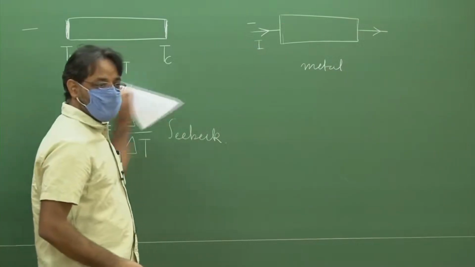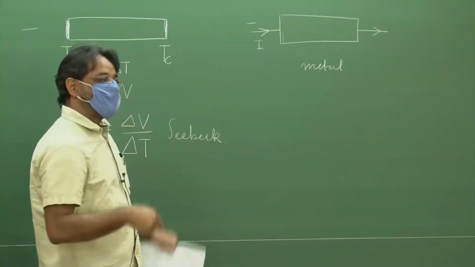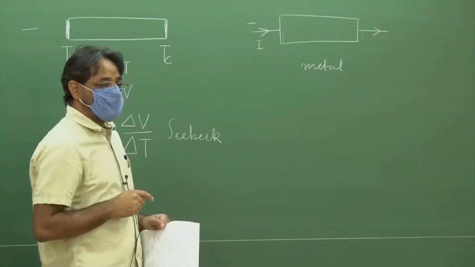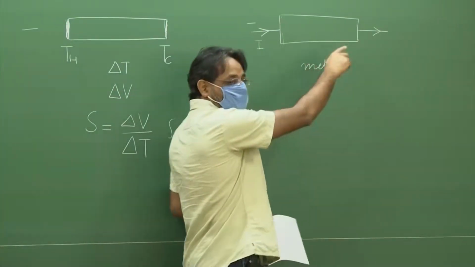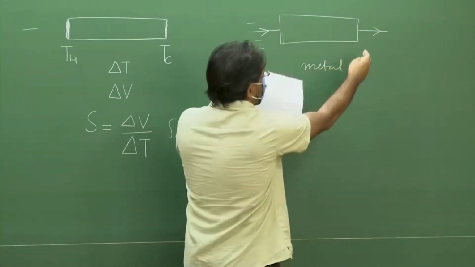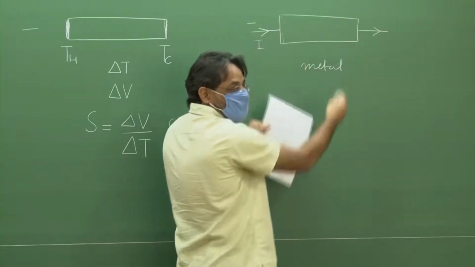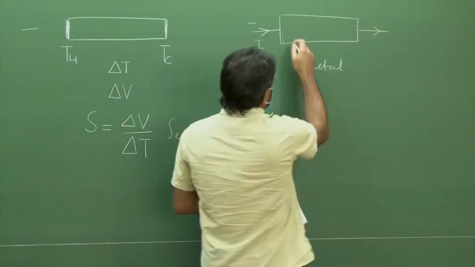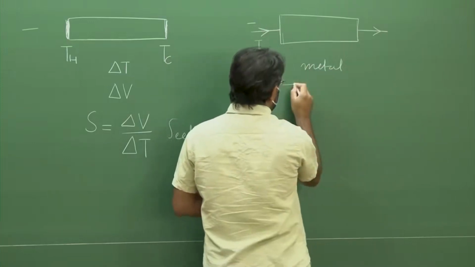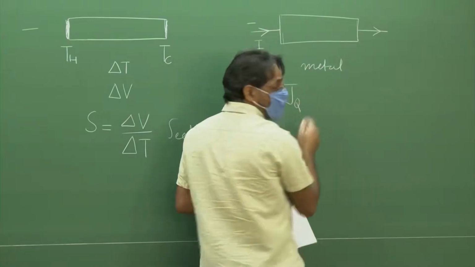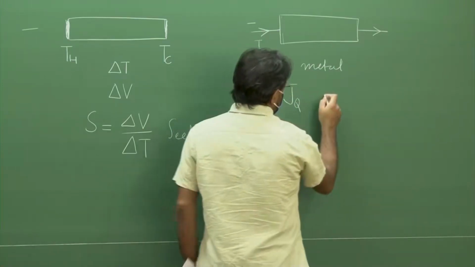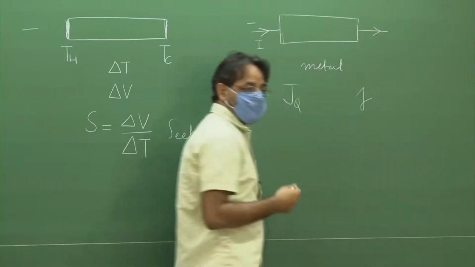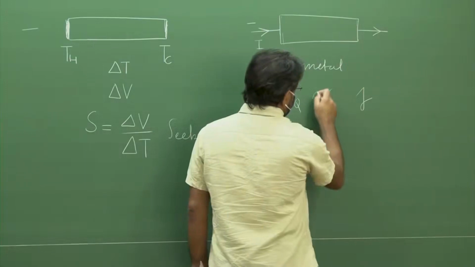So, this is just the opposite effect. Because of passing current, you generate a temperature gradient. Because you have applied a voltage gradient, without applying a voltage gradient, you cannot draw current through the material, right, through the metal. So, you apply a voltage gradient. In response to that, you get a temperature gradient in this case. Okay. And so, if you have JQ as your thermal current, okay, which I will define in a moment, and little j is your current density, the electrical current, then they are proportional to each other.